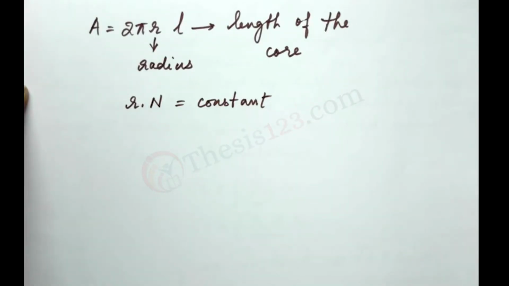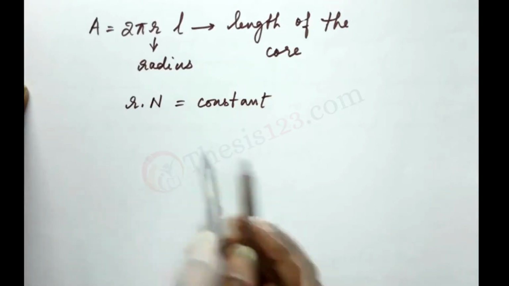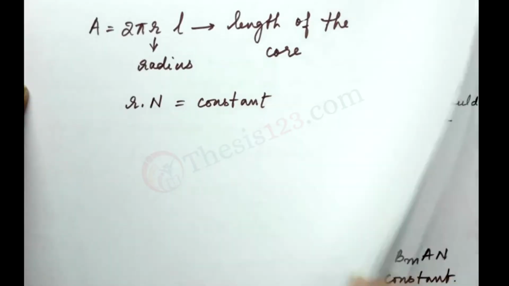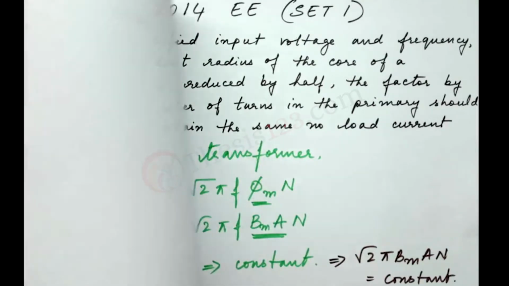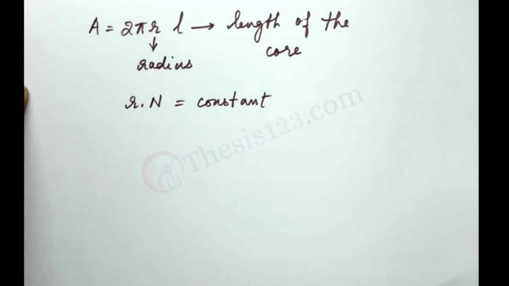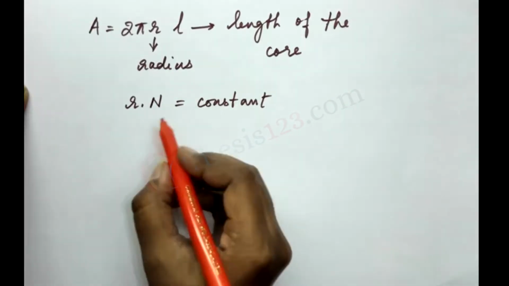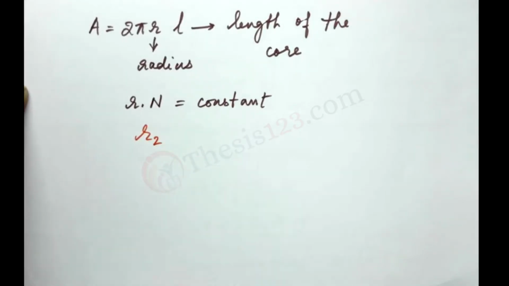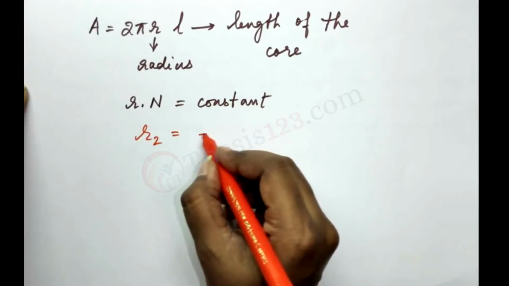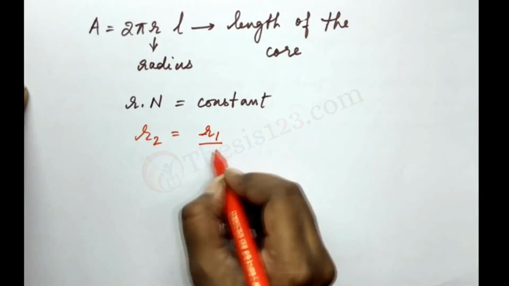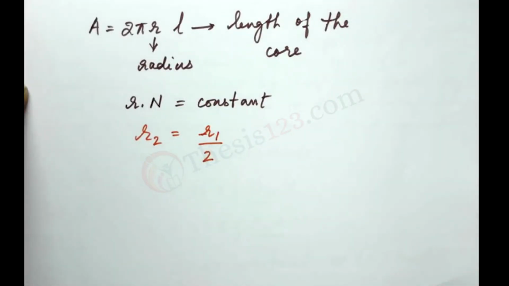So the question tells us that the radius is reduced by half. You see there? The radius of the core of the transformer is reduced by half. So what happens when the radius is reduced by half? We will have to write down the ratio. It is given that, let's call this R2, R2 is equal to R1 by 2.